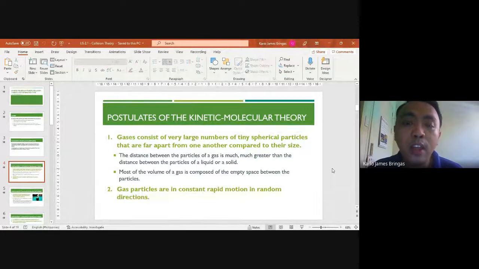If you compare it to the particles in a liquid or a solid, they are found a little bit closer together. As a result, they are not as free to move around.